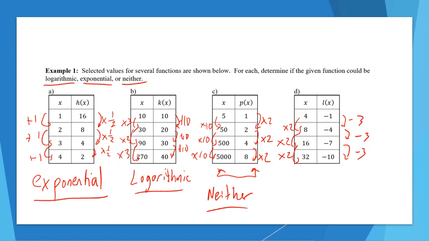That's okay, even if they're going like that. It's just not usually what we see, but that's still fine. You see a multiplication rule here and an addition rule there. So this is going to be an example of a logarithmic function there. So those should be our 4 answers: exponential, logarithmic, neither, and then logarithmic again.